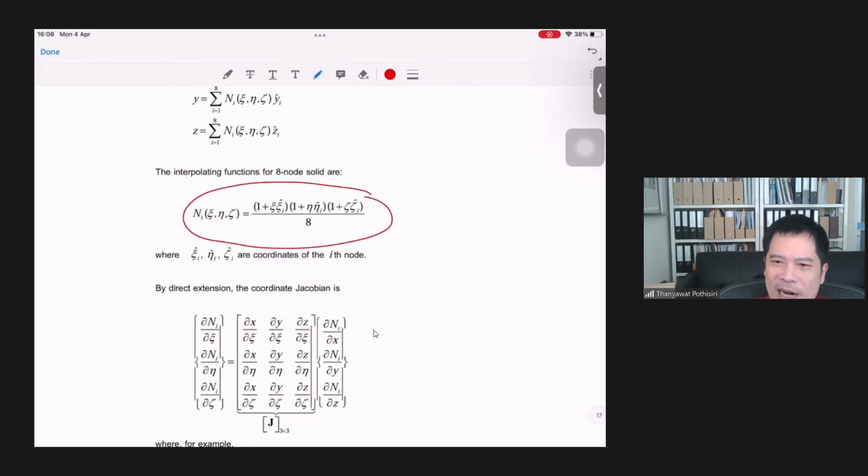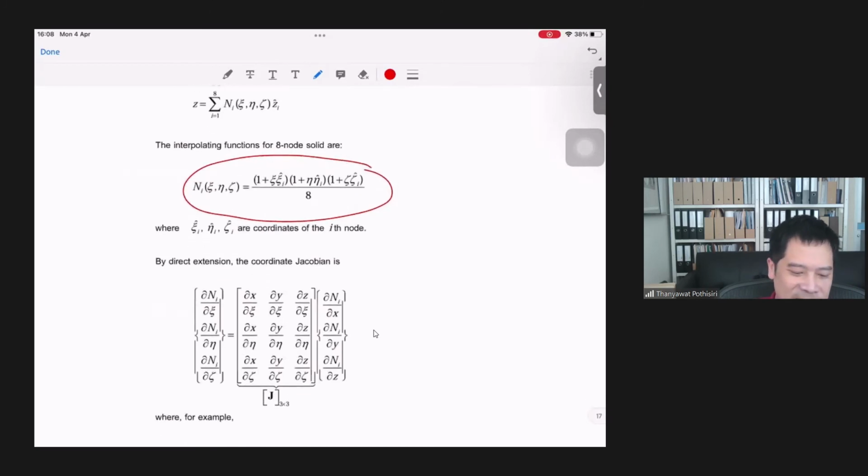And you are going to have the Jacobian matrix that has dimensions of 3 by 3.